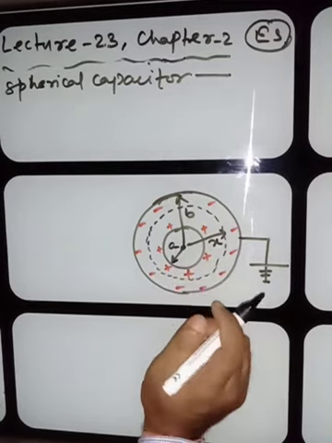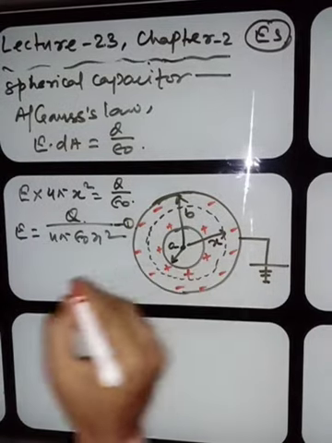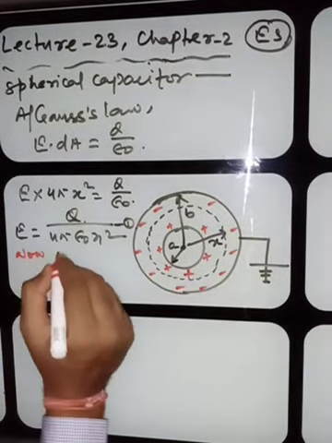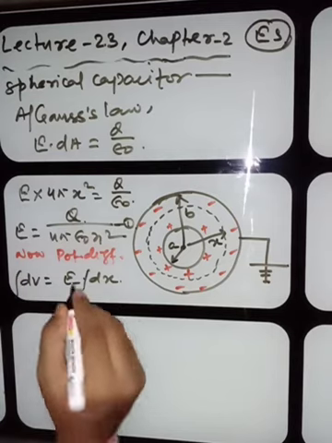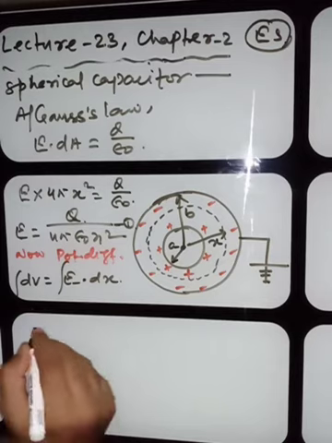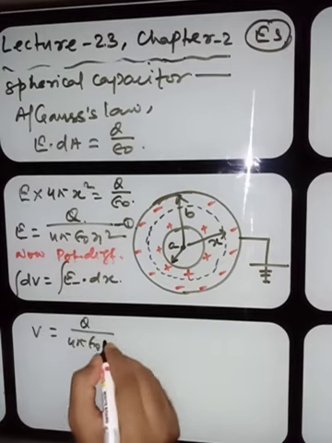Now what was the second step? Yes, the second step was to find the potential difference. So the potential difference V, or dV, equals E dot dx, integrated. V is the integral of Q by 4 pi epsilon naught x square times dx.